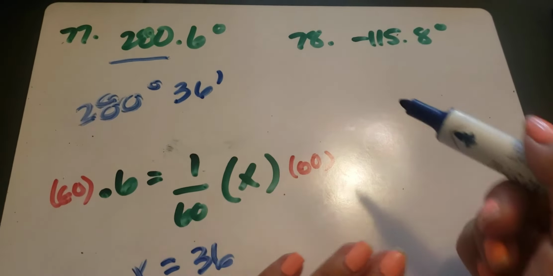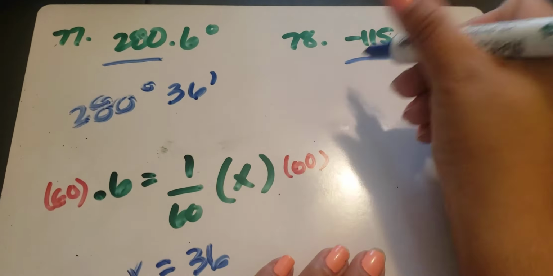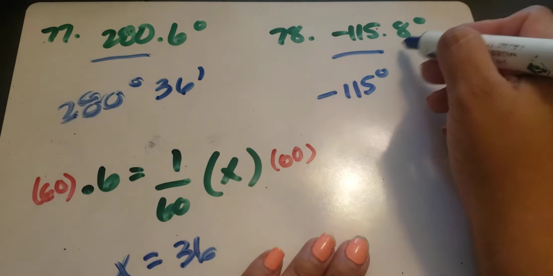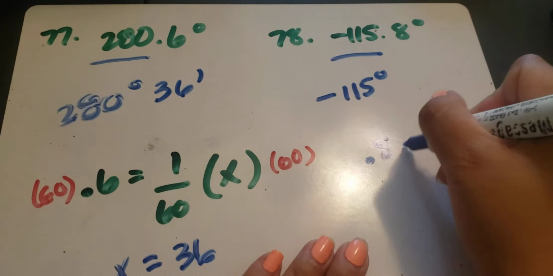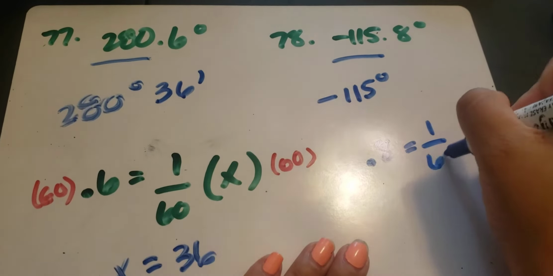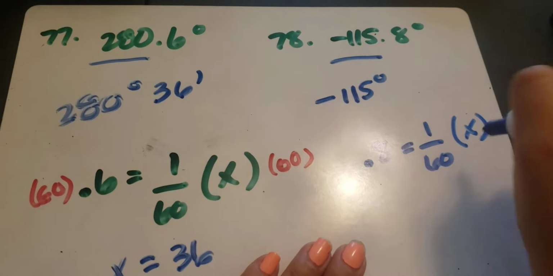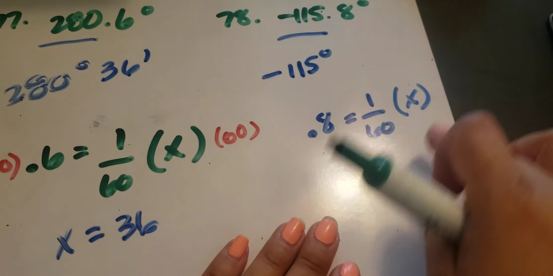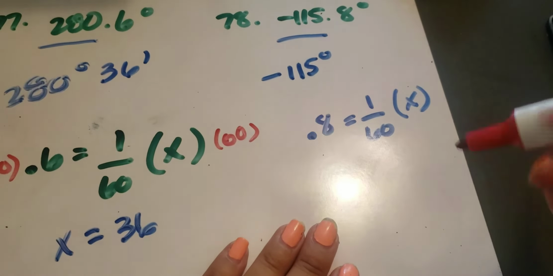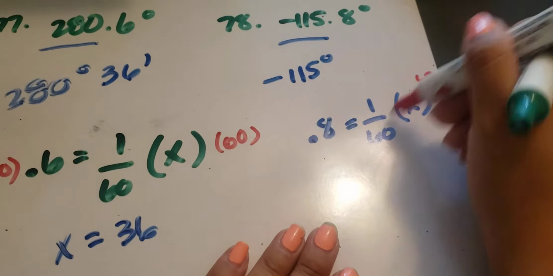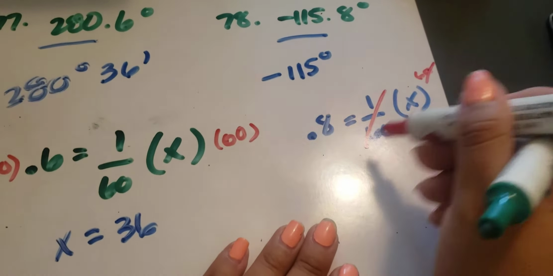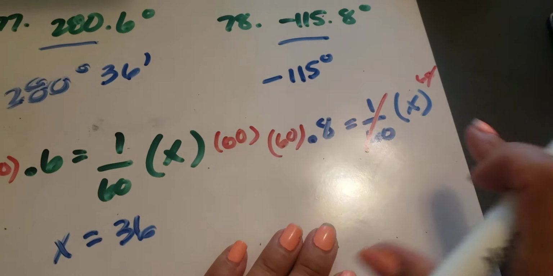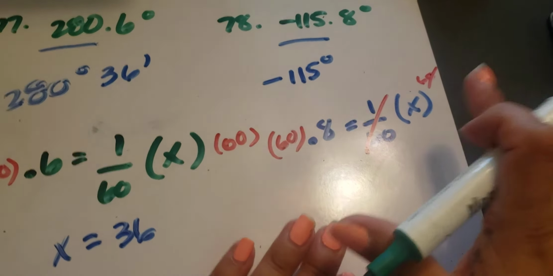Okay. All right. So same thing with this one, negative 115. That's automatically our degree. And then we have 0.8. So we know 0.8 is the same as 1/60th of a minute. We're just trying to figure out what that minute is. Okay. So same thing, I'm going to multiply both sides by 60. And that's just going to cancel out my fraction and my multiplier.